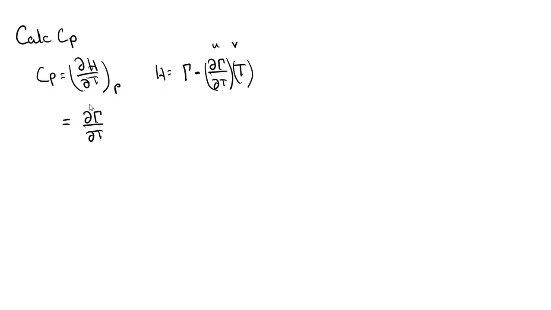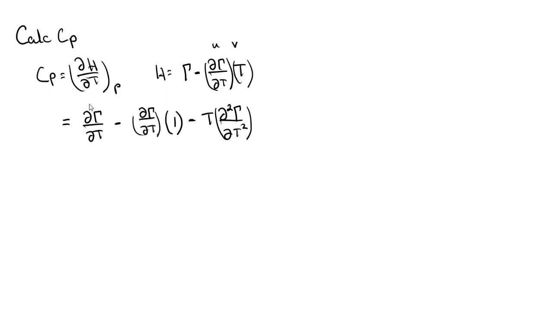And so this will be minus d gamma dT times what's dT dT, which is going to be 1, and then plus, now you've got this minus sign here, so that's minus T times the derivative of that with respect to temperature, and so that's just going to be the second derivative of gamma with respect to temperature.